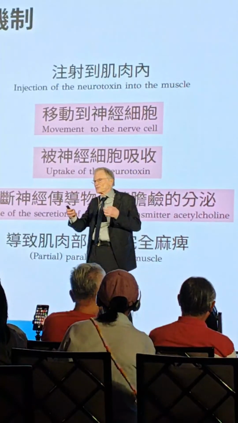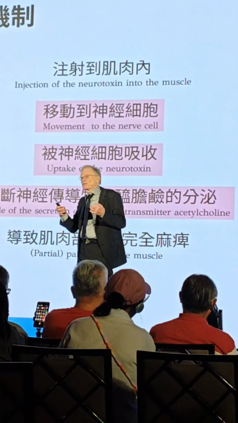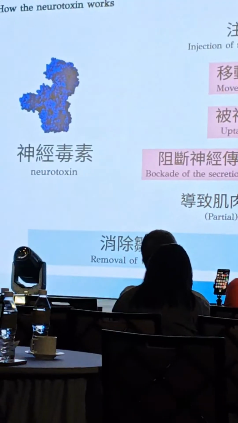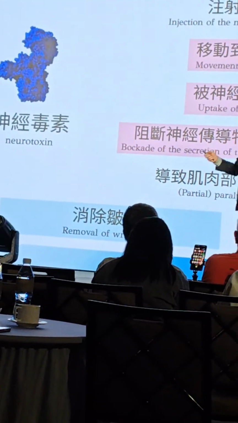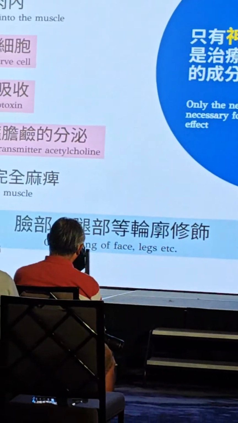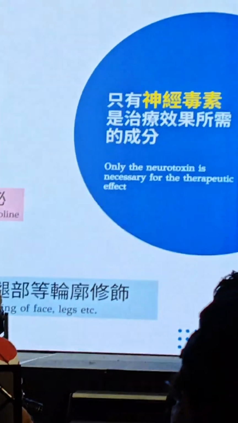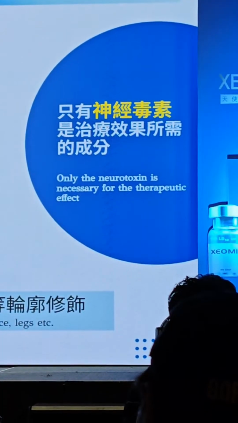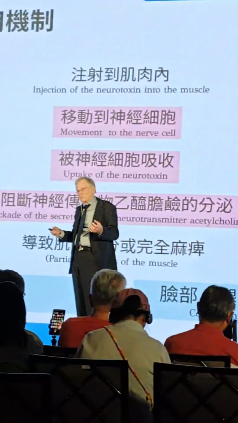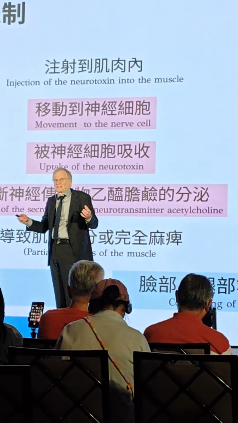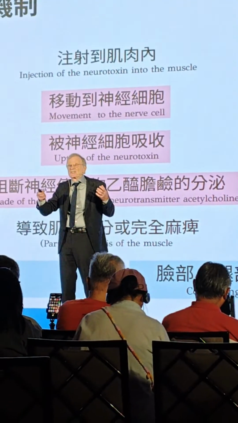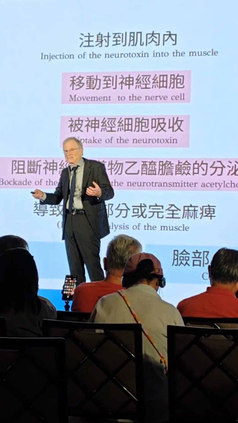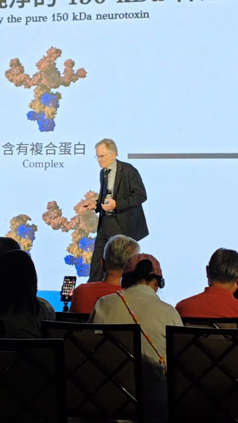And the blocking of the secretion leads to the therapeutic effect, namely to the removal of wrinkles or to the contouring of special parts of the body, of the face, of the leg, and so on. So that is the simple mechanism of action. In this mechanism of action, no other proteins are involved. So the patient does not need any other ingredients.